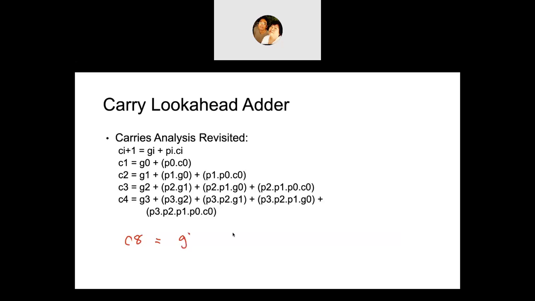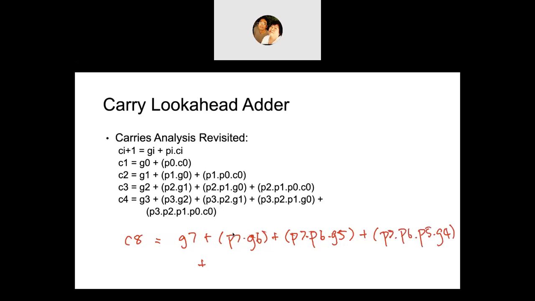G7, or P7, G6, and then P7, P6, G5. And next, P7, P6, P5, and G4.